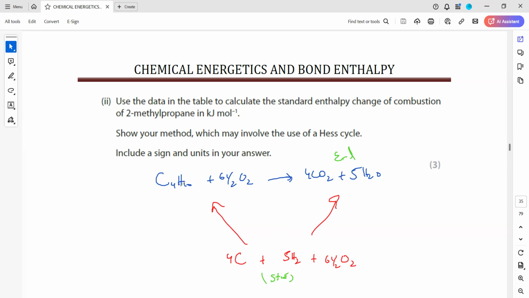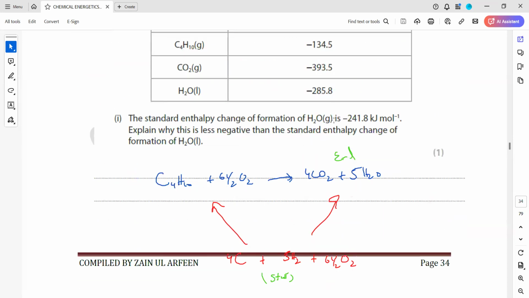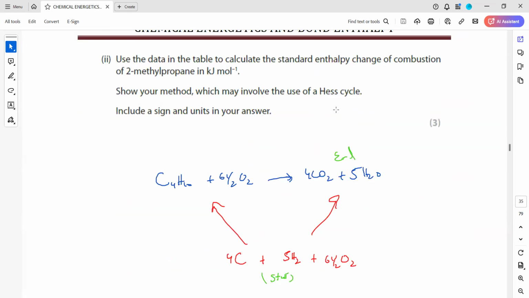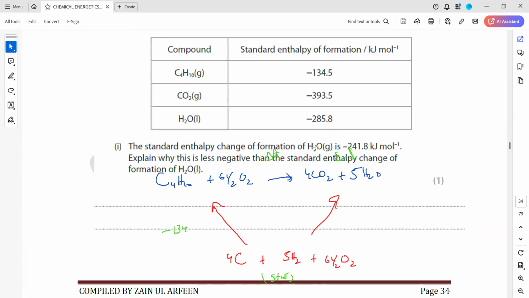This is the formation of C4H10. The formation of C4H10 is minus 134, because 1 mole is formed. Then this is what we don't know, this is what we are finding. This is the formation of carbon dioxide and water. But how many moles of carbon dioxide and water are formed?